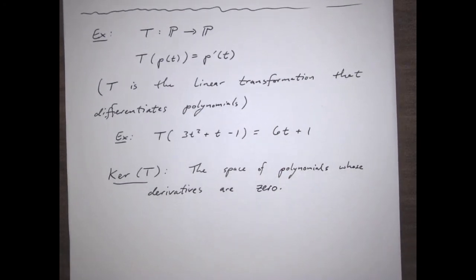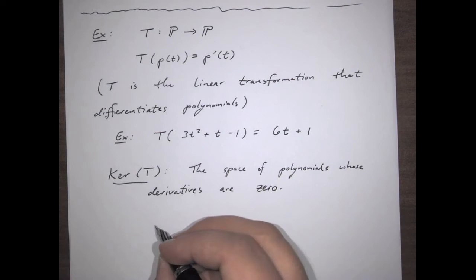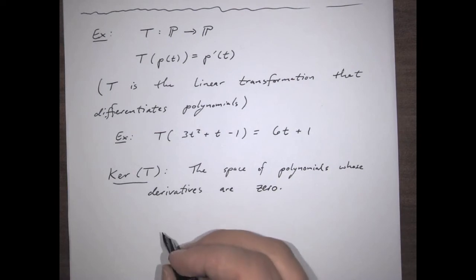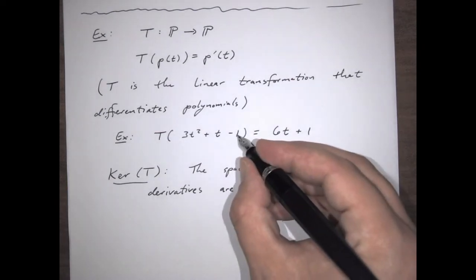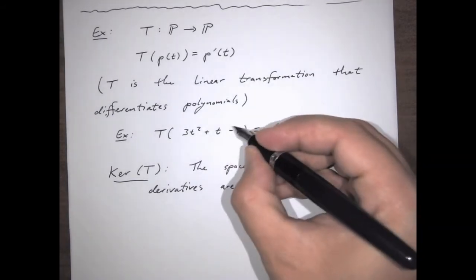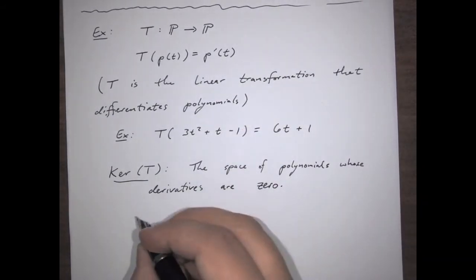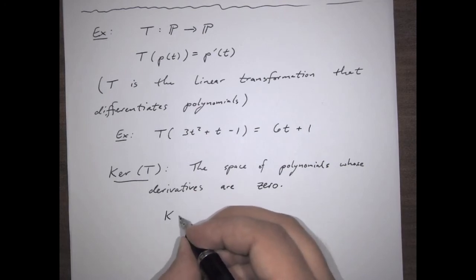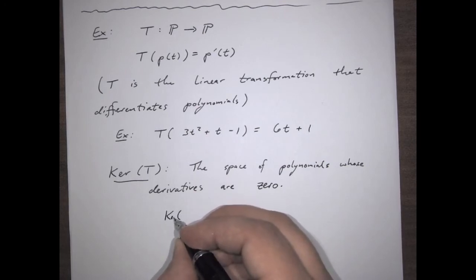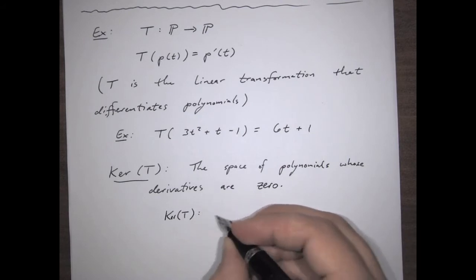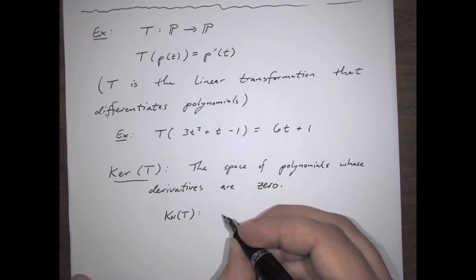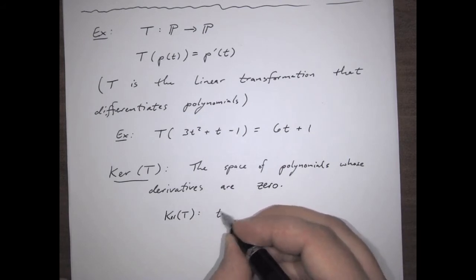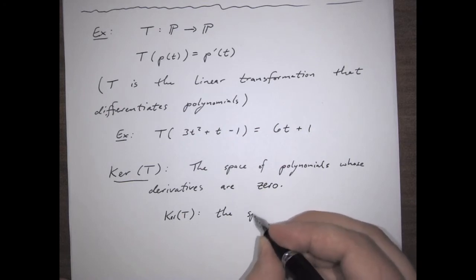Zero vector here means the zero polynomial, the constant 0. So what is that? Whose derivatives equal 0? Well, notice here, nothing that had a t matches that description, only the constant terms. So in other words, the kernel of T is the set of constant polynomials. Or you can say the space, because it is a vector space.